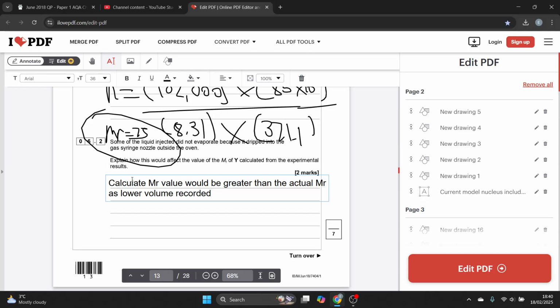And therefore what happened to the MR? Well, our calculated MR value is greater than the actual MR value.